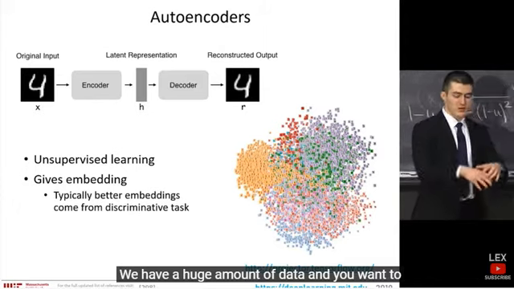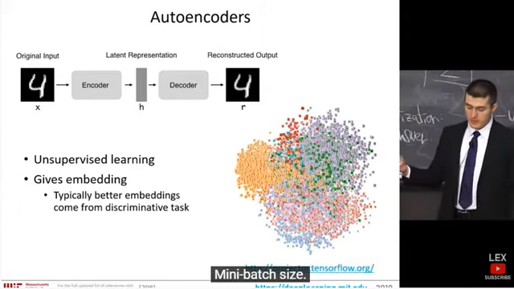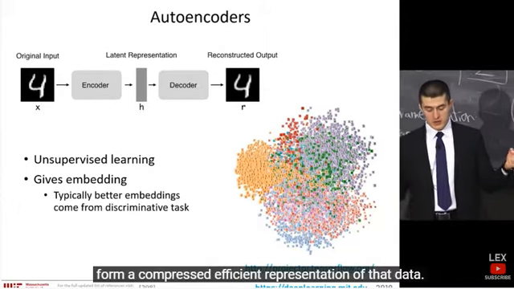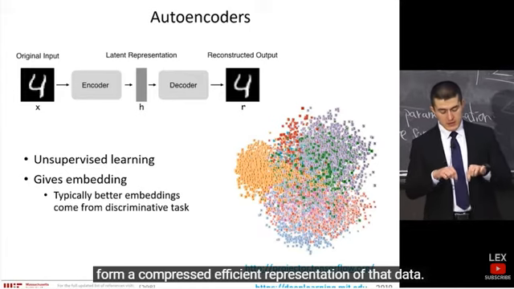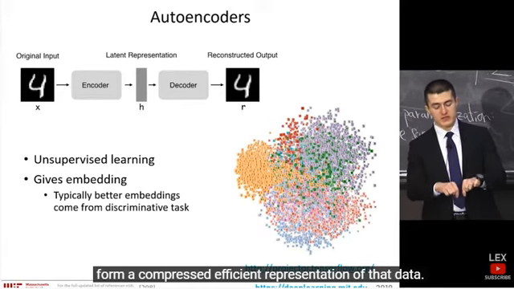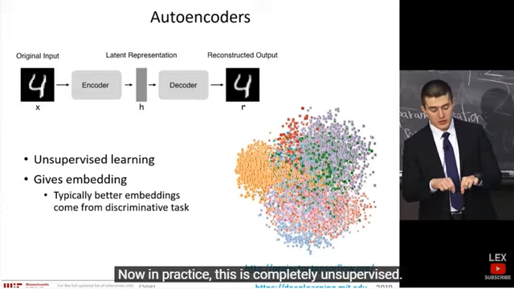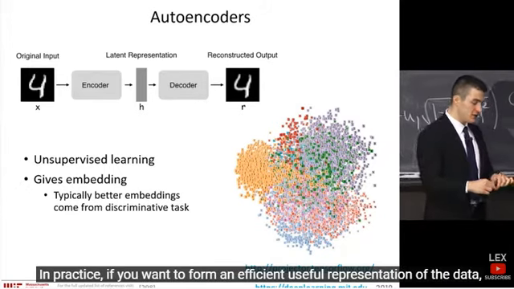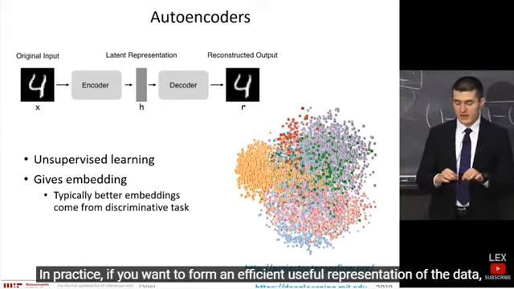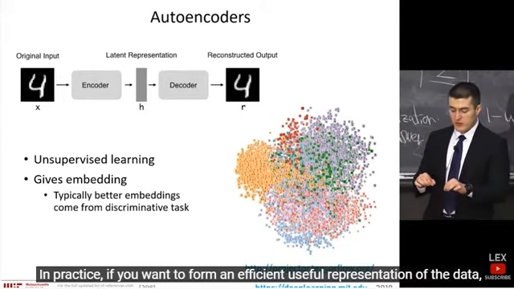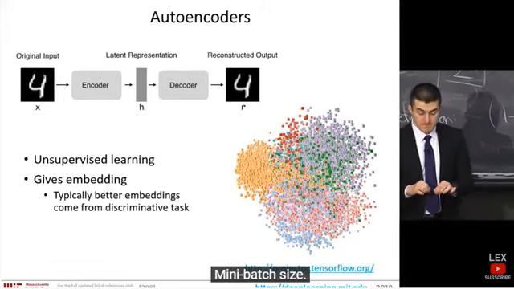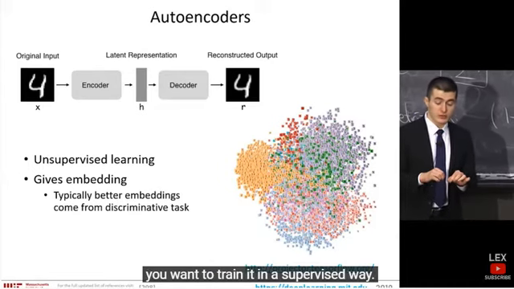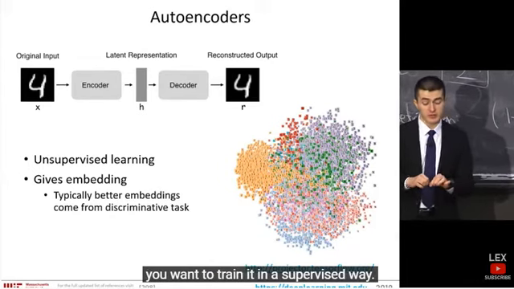We have a huge amount of data and you want to form a compressed, efficient representation of that data. Now, in practice, this is completely unsupervised. In practice, if you want to form an efficient, useful representation of the data, you want to train it in a supervised way.